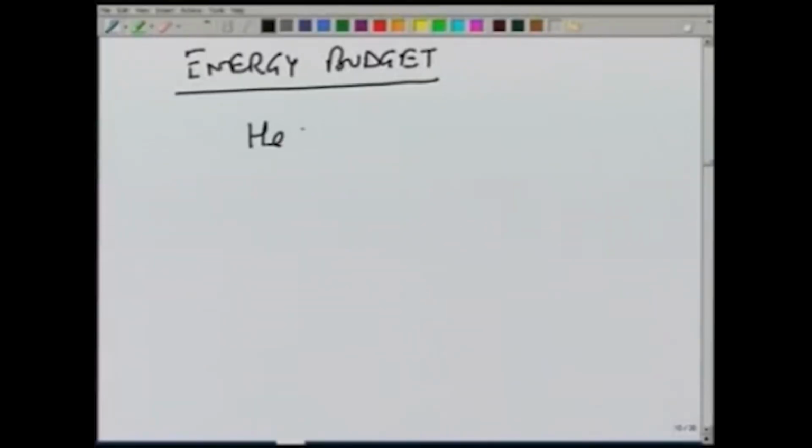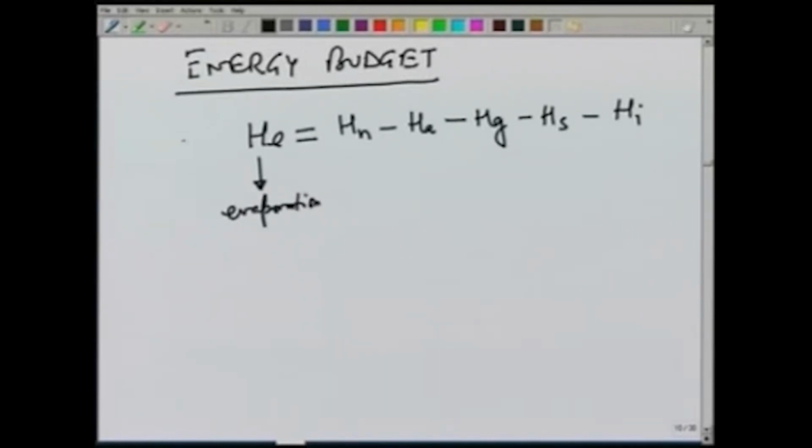So, if you look at various components, we can write the heat energy which is used for evaporation as H n minus H a minus H g minus H s minus H I. This is the heat energy used for evaporation. So, all of these H are energy which is really heat energy.